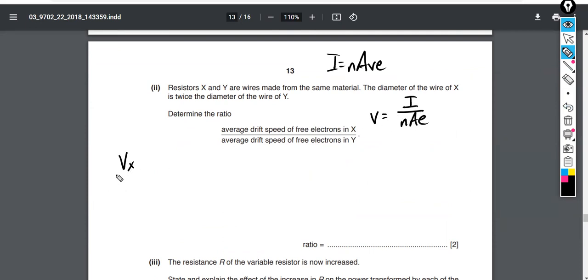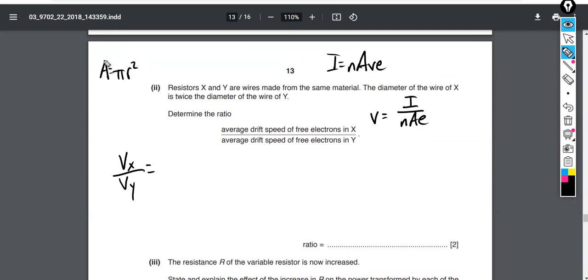The drift speed of X compared to the drift speed of Y will be equal to, the only difference here is that the diameter of X is twice the diameter of Y. So the question is, if the area is pi r squared, and we double the diameter, it's like doubling the radius. What's happening to the area if we double the radius?